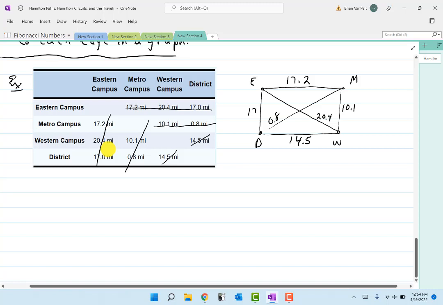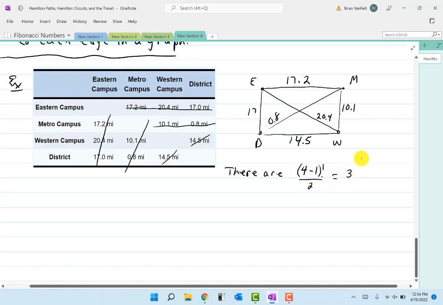So let's first get all the possible solutions, and that's a matter of looking at all the possible ways of arranging the letters. Since you can start at any vertex that you want, I will start all my vertices at E. Not only that, there are 4 minus 1 factorial over 2.